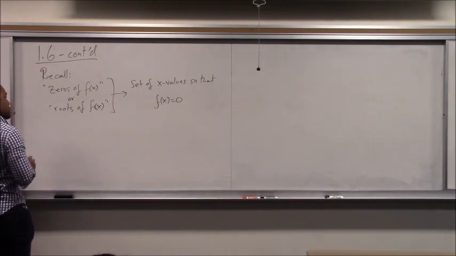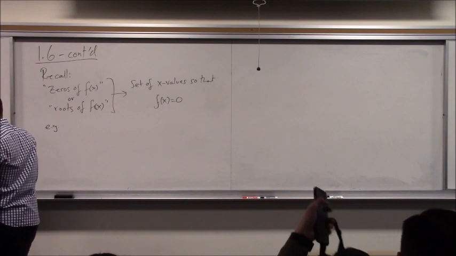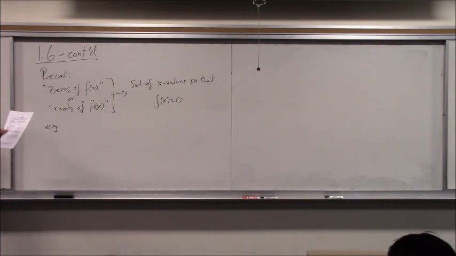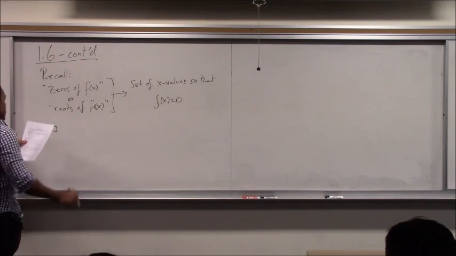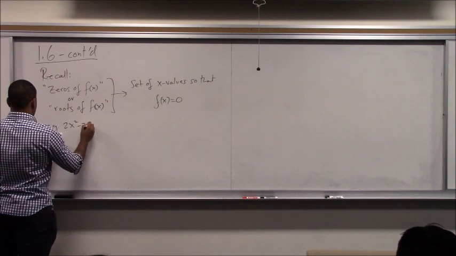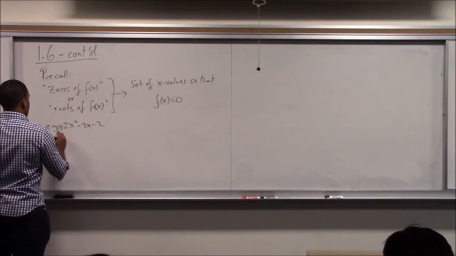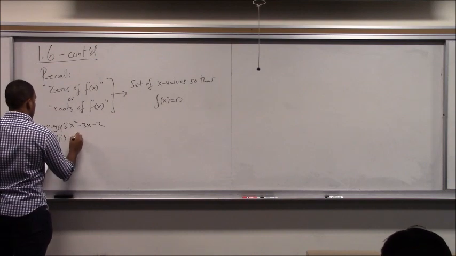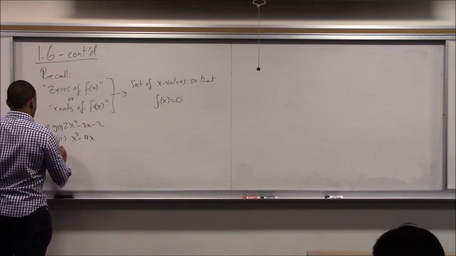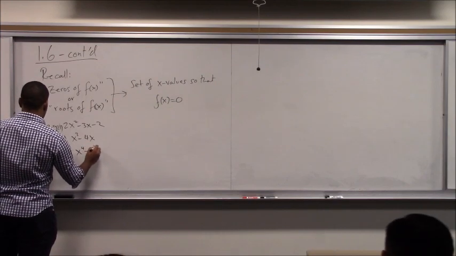Now we did some examples last time. We actually found the zeros of some functions. x cubed minus 4x. We looked at x to the 4th minus x squared.